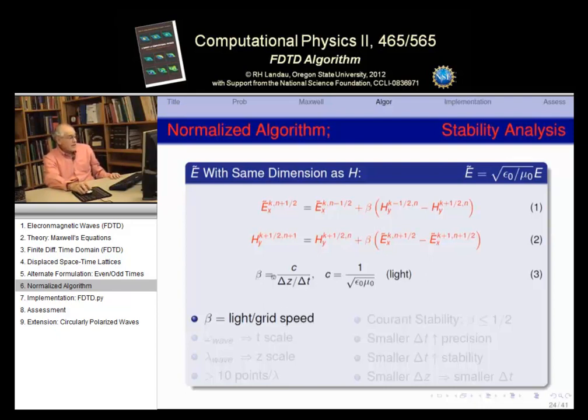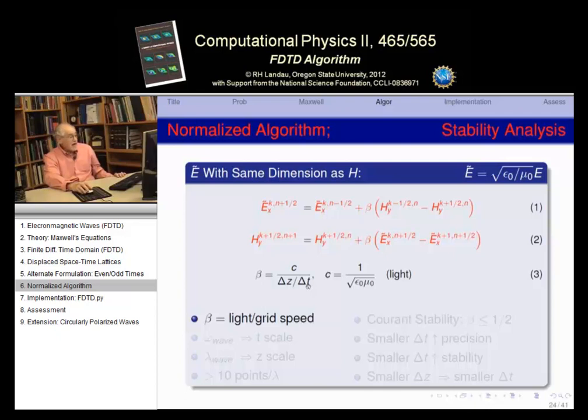So here's beta. C is the speed of light, and in terms of the constants here, they just come together to be 1 over the square root of epsilon 0 mu 0. So regardless of which units we're using for electric and magnetic fields, once we put them in this form, everyone has to agree about a variable called the speed of light. That's what comes in here. And the denominator in beta is just delta z, the space step, divided by delta t, the time step.